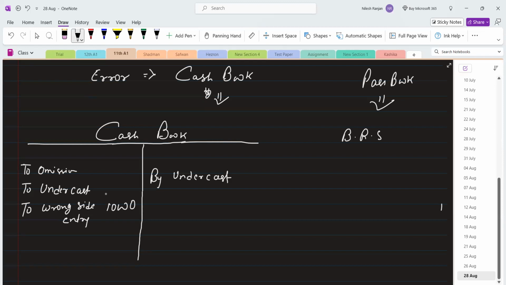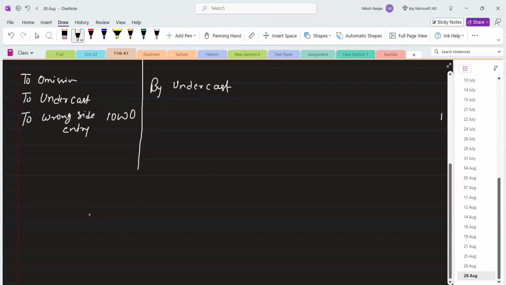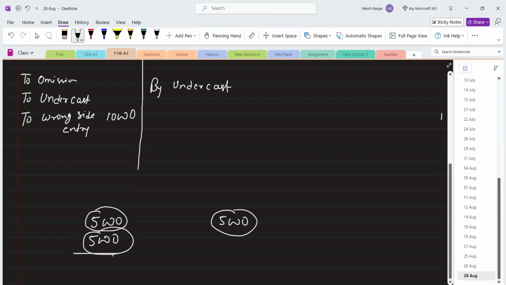Because it's wrong in the first place and you added it twice. I have to write it on the debit side, 5,000. So this is the correct amount, but I have written on the credit side. So to correct this also, I have to write 5,000. So 5,000, the correct one, and 5,000 to rectify the incorrect one. So total 10,000.